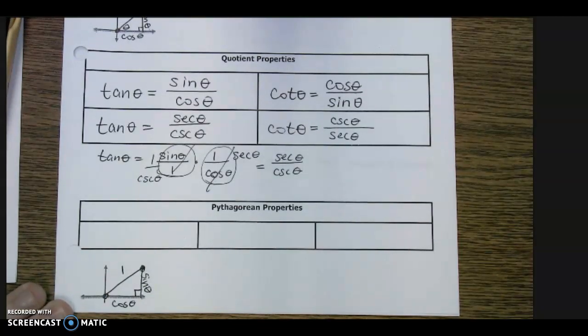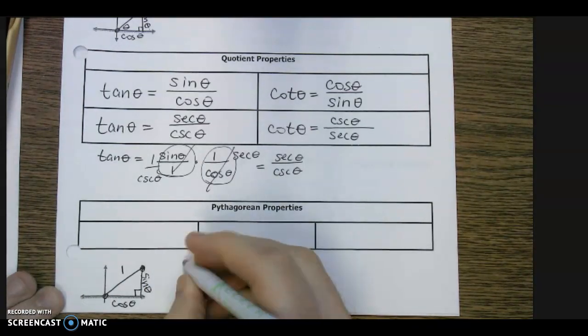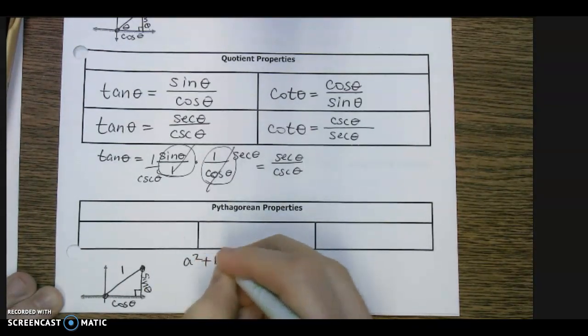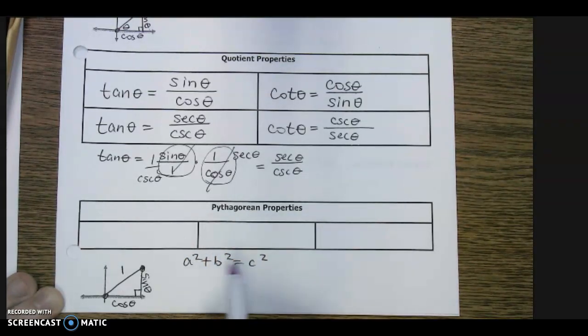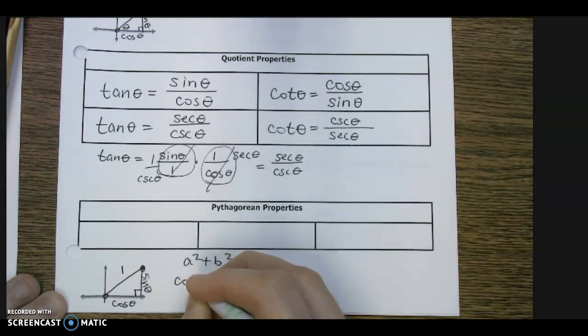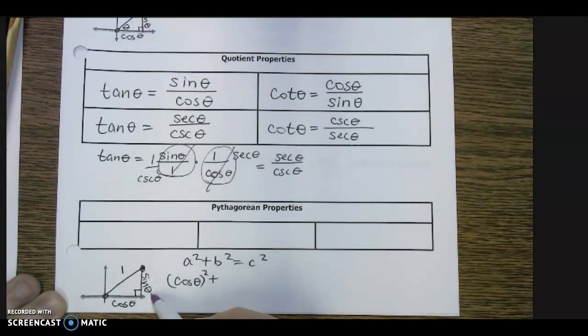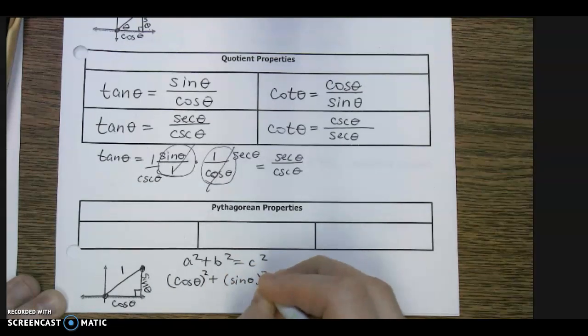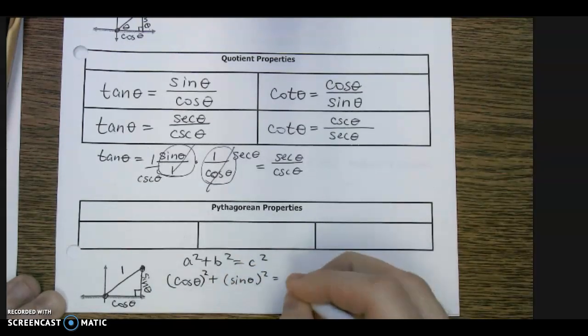Instead of using SOHCAHTOA, we could think about the Pythagorean theorem, since this is a right triangle. So we know a squared plus b squared equals c squared. I'm going to choose my x to be my a, so that'd be cosine theta squared. And then I'm going to choose sine to be my b. And then the c would be 1.